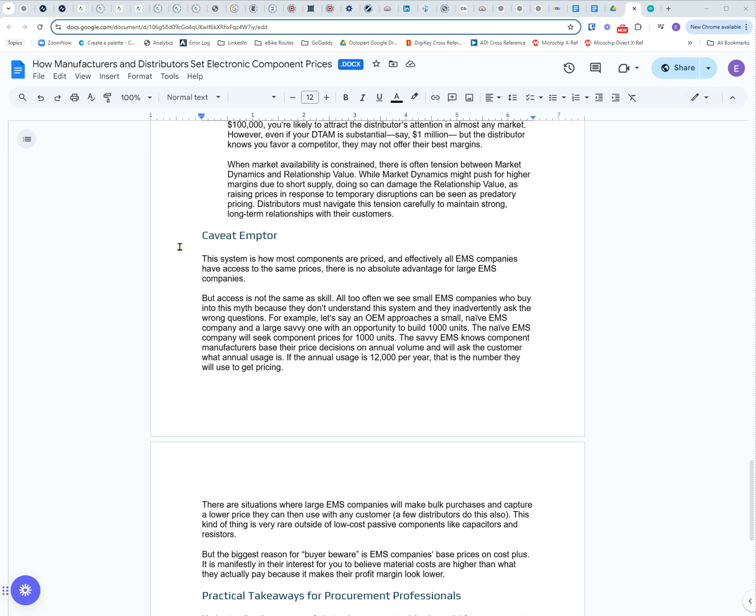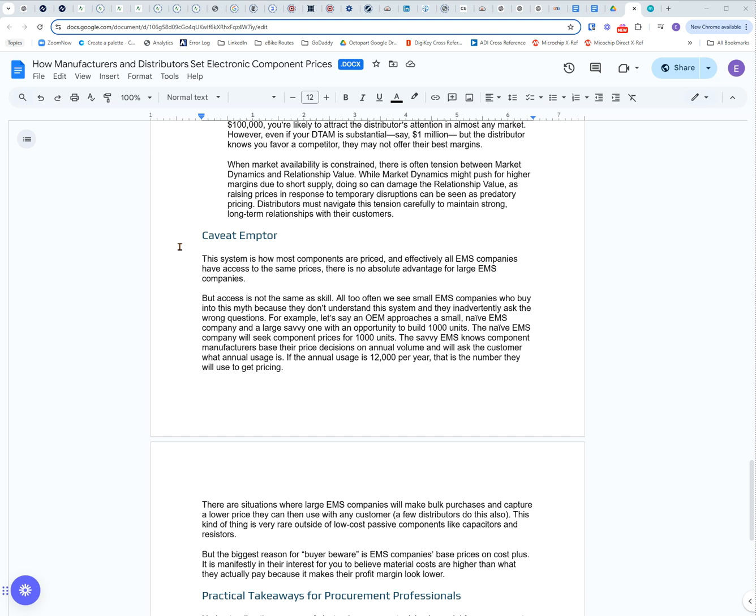So, for example, if an EMS company or an OEM wants to go buy 1,000 parts to do a build, right? A kind of a naive EMS or a naive OEM will say, "Hey, what's the price for 1,000?"